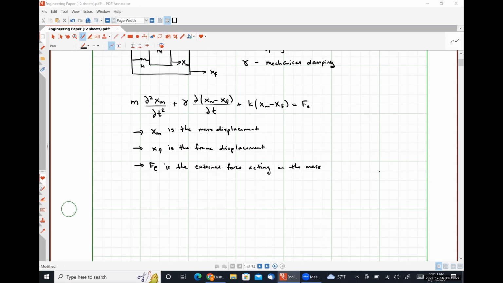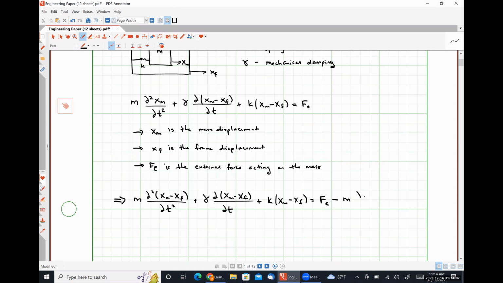If I do that, what I get is the mass times the second derivative of Xm minus Xf with respect to time, plus gamma times the derivative of Xm minus Xf with respect to time, plus K times Xm minus Xf is equal to our external forces minus M times the second derivative of Xf with respect to time.